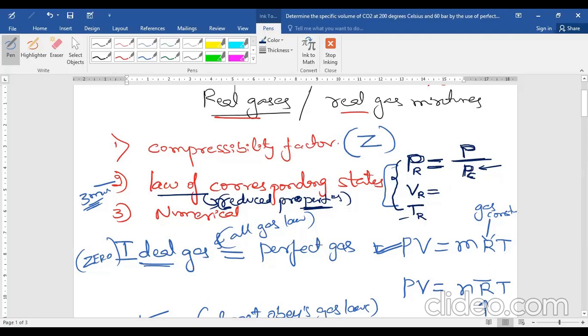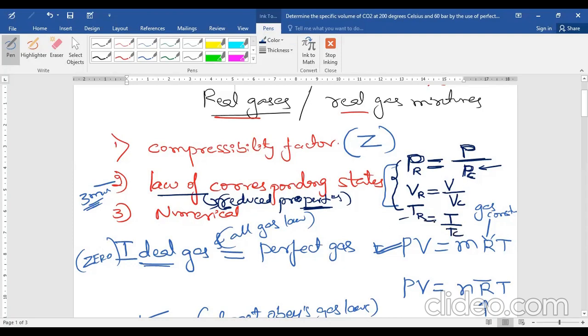Now I will write the definition of reduced volume. Reduced volume is defined as the ratio of volume of the gas divided by critical volume. Very easy. Similarly, reduced temperature is the temperature of the gas divided by critical temperature.